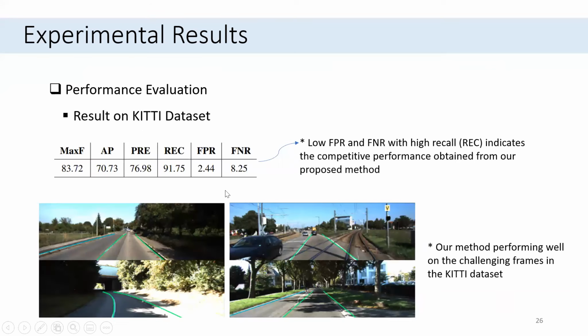Here we got very low false positive and false negative rates and a very high recall value, and of course reasonable average precision and max F. So this is in general a competitive performance obtained from our proposed method, especially considering that many of the images in this dataset do not contain one of the ego-lane boundaries. So this is actually a very good performance given that reason.